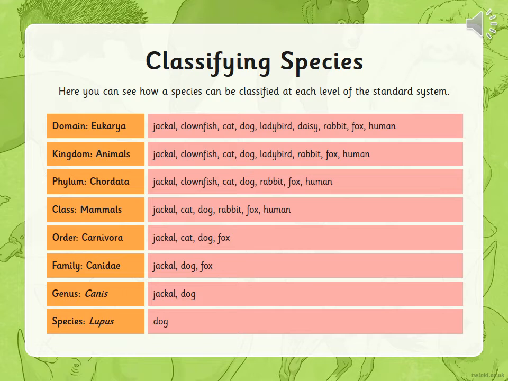Now let's break that down further into its kingdom. Now we have just animals. We have jackal, cloudfish, cat, dog, ladybird, rabbit, fox and human. Can you see which one we've taken out? That's right, it was daisy, as daisy is a flower, not an animal.